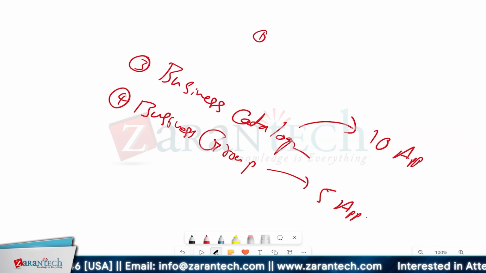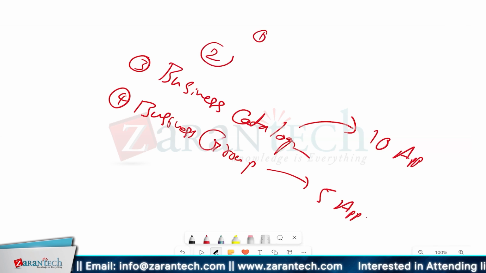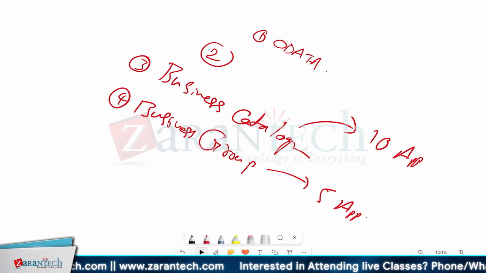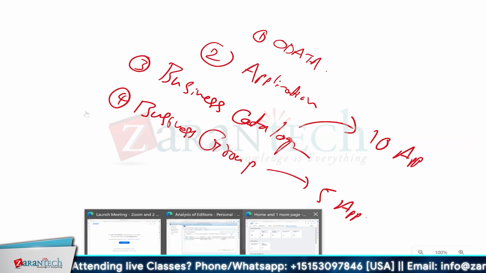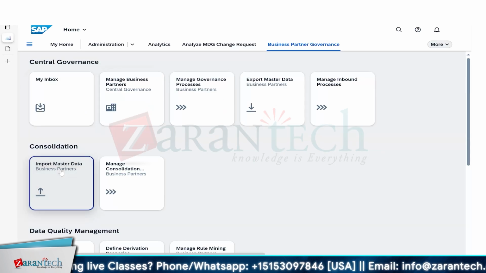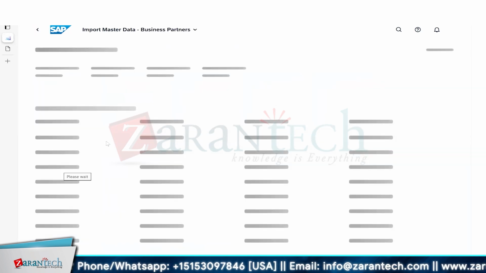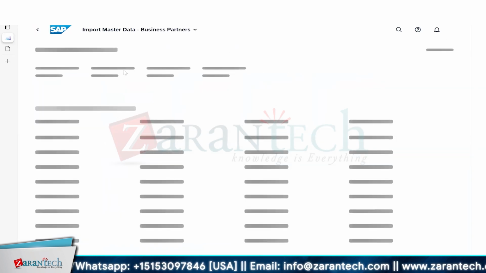Steps 1 and 2 are for every Fiori application. In the backend, you have something called OData. On the front end, you will have something called the Fiori application name. So when you click on this particular application, let's say, for example, Import Master Data, it is opening up one UI.